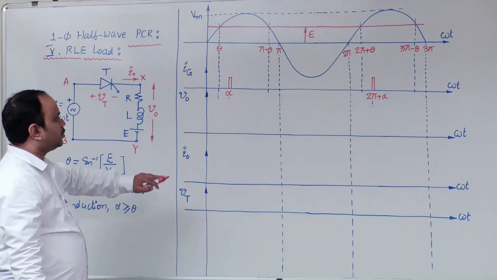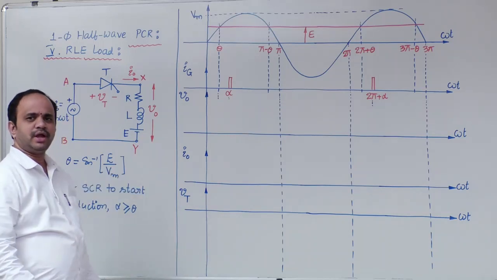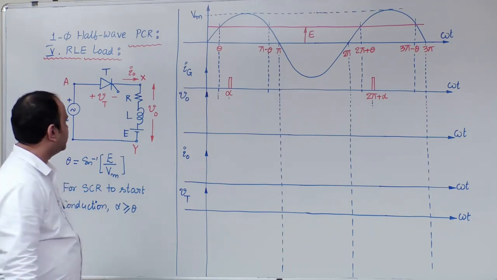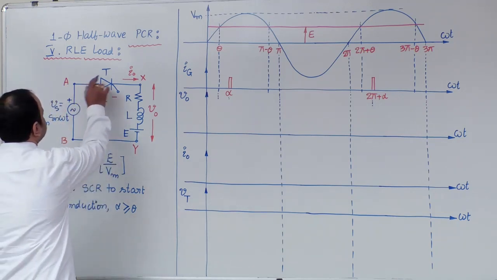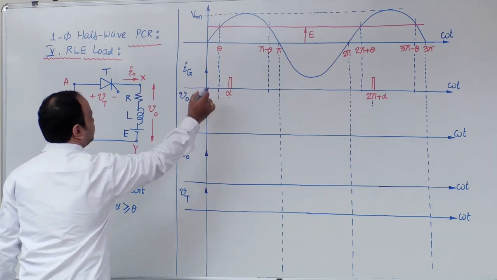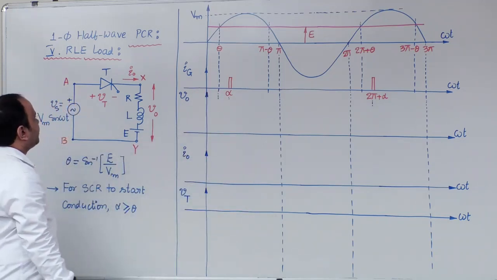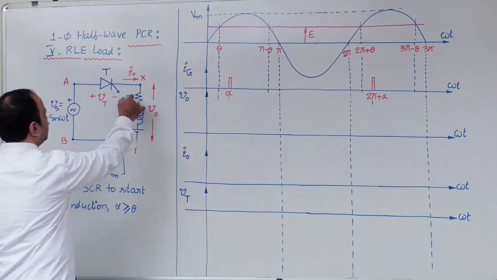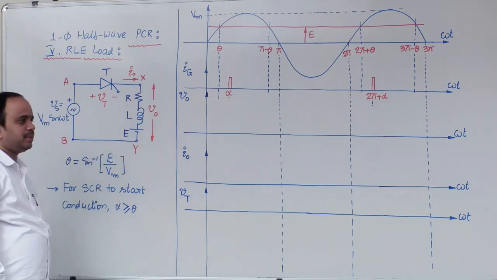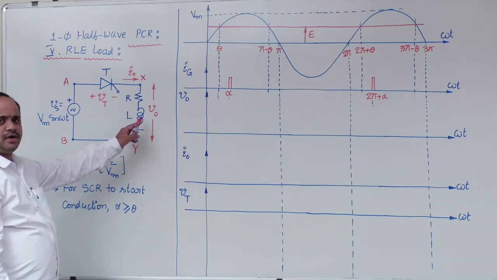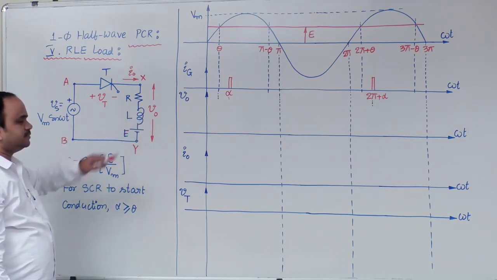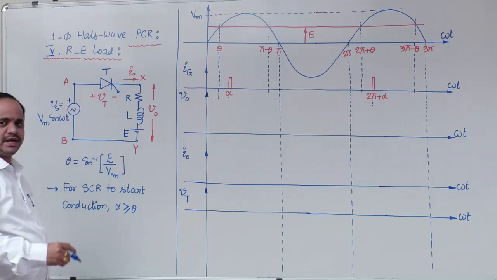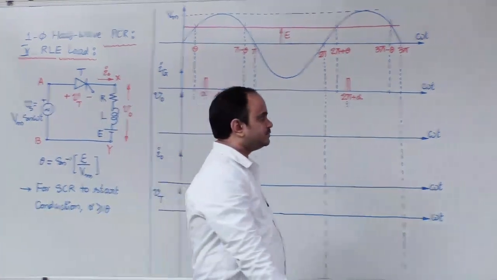Now here, before going to the waveforms, first I would like to look into output current equation from the differential equation. Suppose SCR is turned on by satisfying alpha greater than or equal to theta, what is the basic circuit equation? R into I naught plus L into d I naught by dt plus E is equal to source voltage. So first let us write down that basic equation.